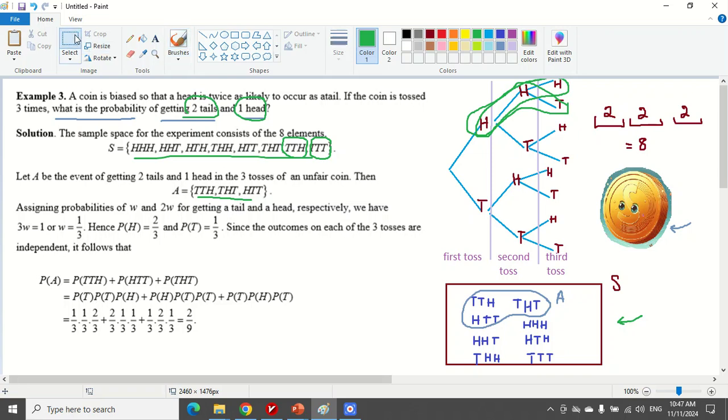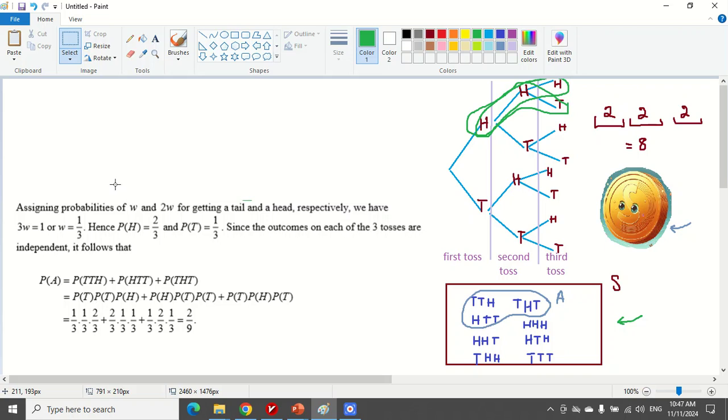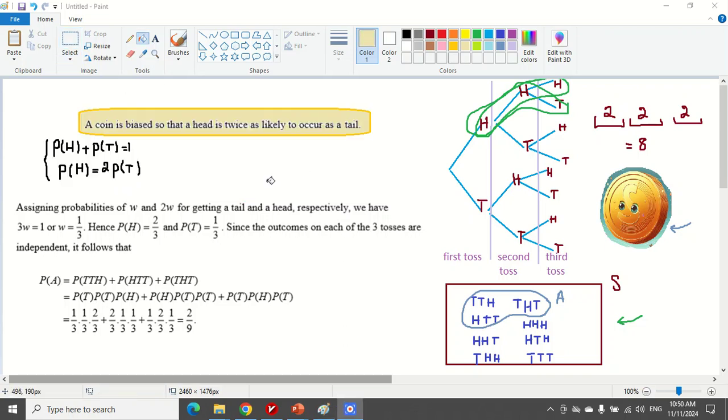So what shall we do? We first of all calculate the probability of head and tail separately. What do I mean? Let us take a look over here. We have this situation. Here I highlight one sentence of this question, that a coin is biased so that a head is twice as likely to occur as a tail.